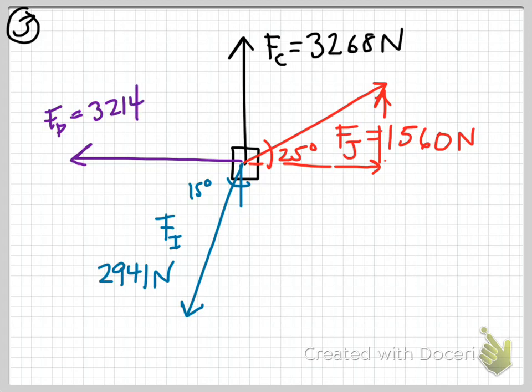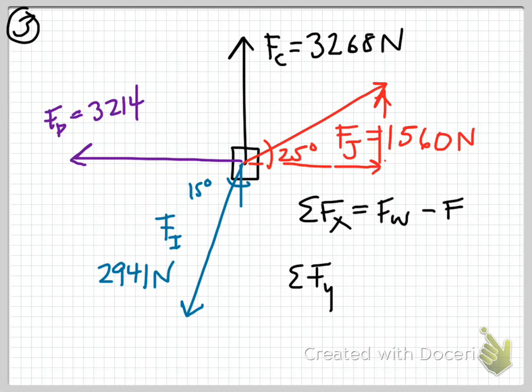So you just have to find net force, and it's resolving. So you're going to do the thing we always do. Sum of forces on the x, sum of forces on the y. We have all the forces west minus all the forces east. And what forces do we have to the west? Well, we have force of Damien.